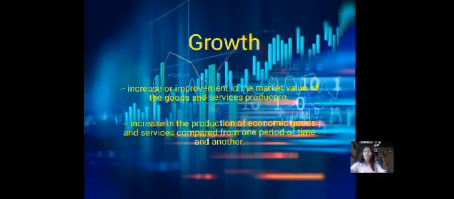Growth, the increase or improvement of the market value of the goods and services. It is the increase in the production of economic goods and services compared from one period of time to another. So growth in economics is the movement of production and consumption in ascending order. Basically, the rating of the products and the consumption of the consumers increases.